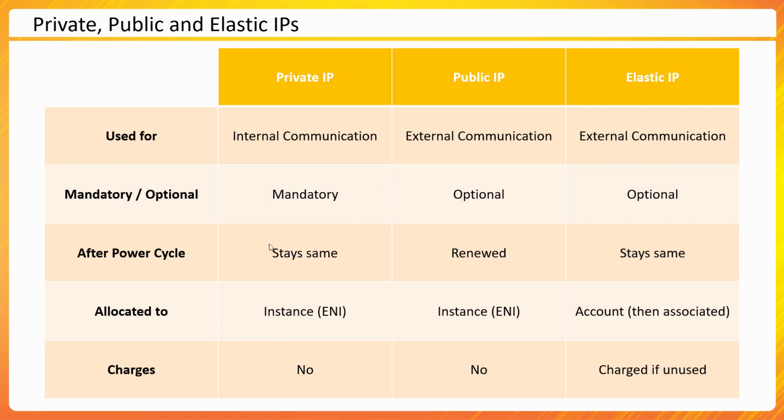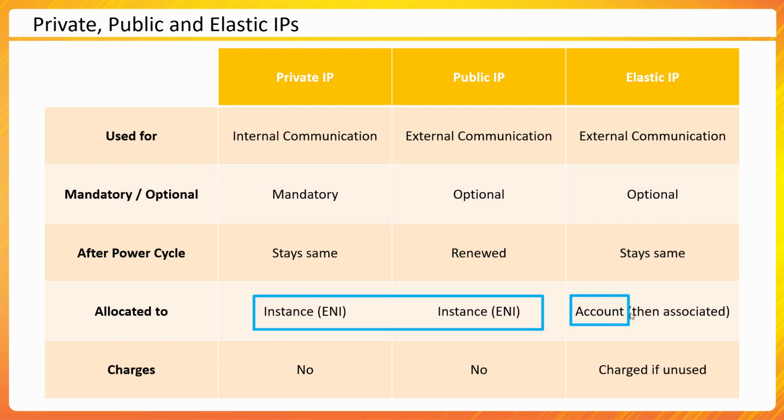After power cycle, private IP remains the same. Public IP gets renewed. Elastic IP still remains the same. We just saw that. Allocation model. Technically, it is allocated to the instance ENI. Same thing with public IP. First, allocation happens for elastic IP on account level, and then you associate it with the ENI.